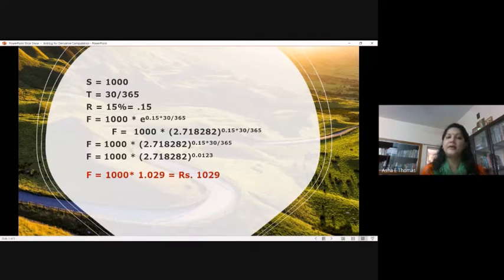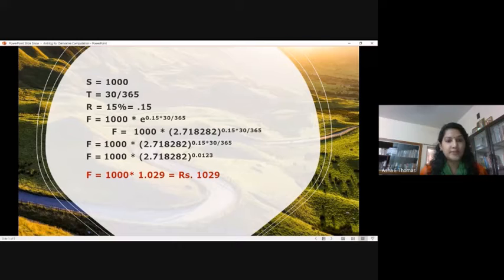In different calculations, sometimes our log base can be 10, or it varies. But here for this computation, the base is e as a constant. Now we know that it is e raised to R into T, right? So R, we know that 0.15. T also we have put the value as 30 by 365.